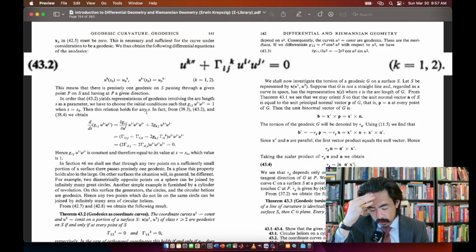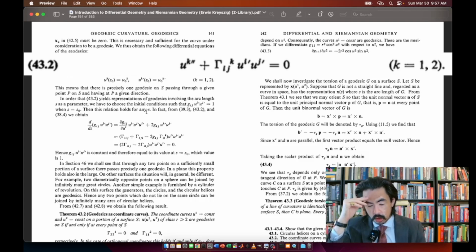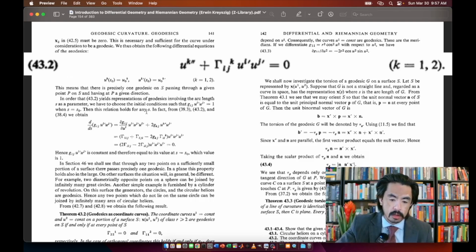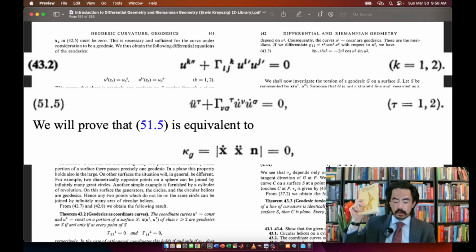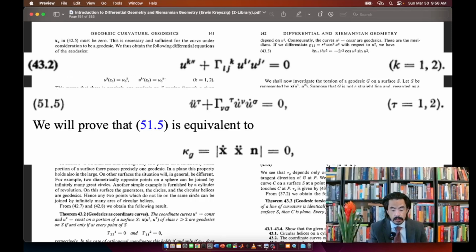It was actually u with a superscript k double prime plus Christoffel sub ij superscript k times u superscript i prime times u superscript j prime equals 0. That is actually written differently in the book in my hand, the 2008 Dover reprinting of the 1959 Kreyszig Differential Geometry.